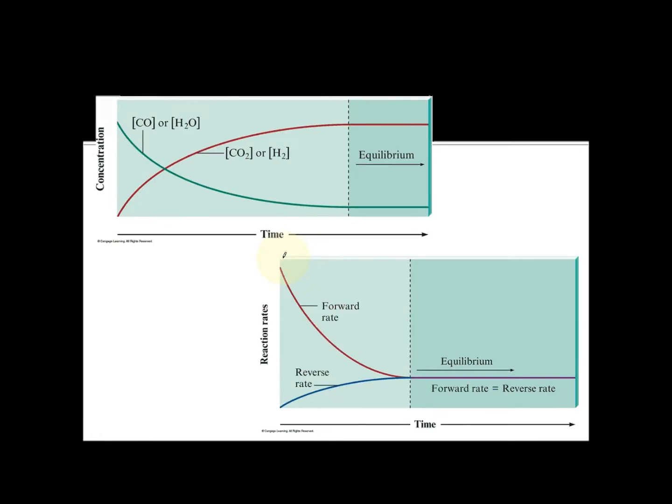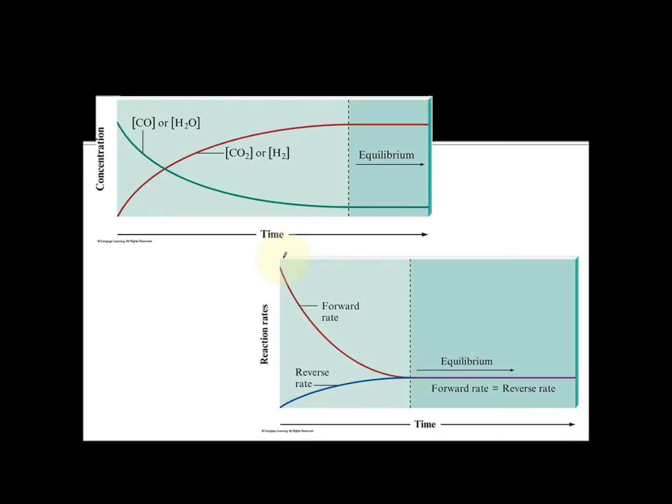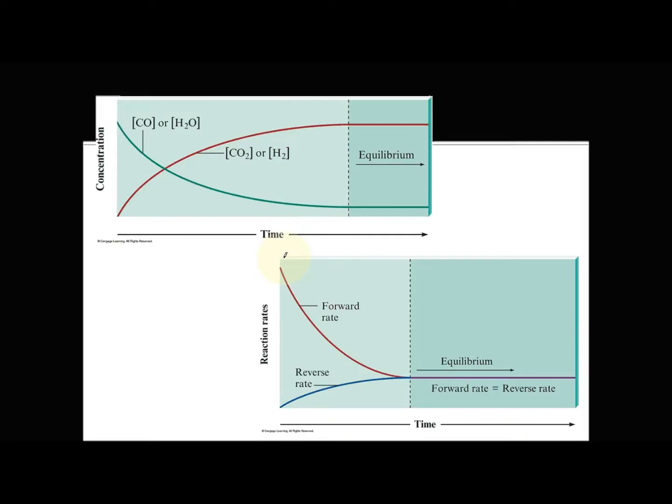These two graphs show, on the top one, the concentration of the reactants and products over time. The red line is the products, and that starts at 0 concentration at time 0, because we are assuming that we only have reactants to start. So reactants are up high.